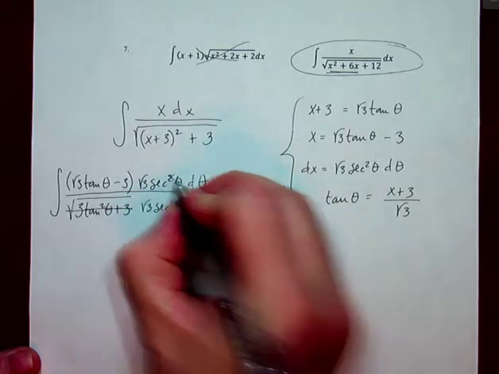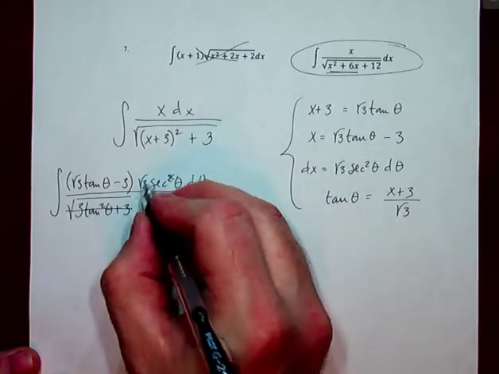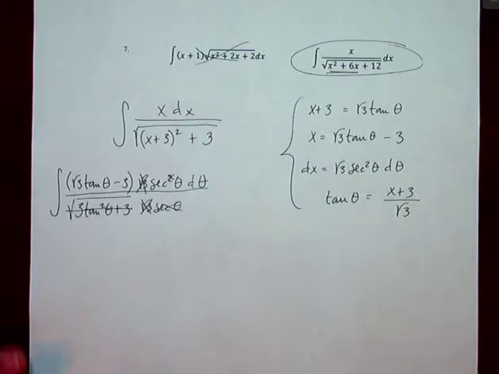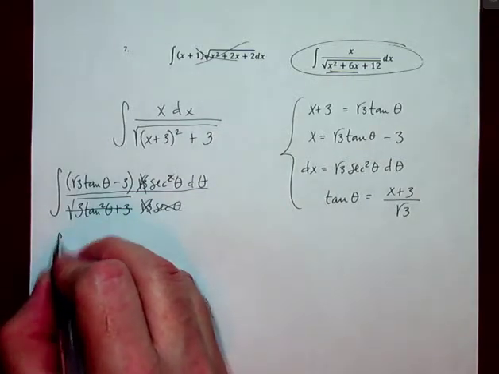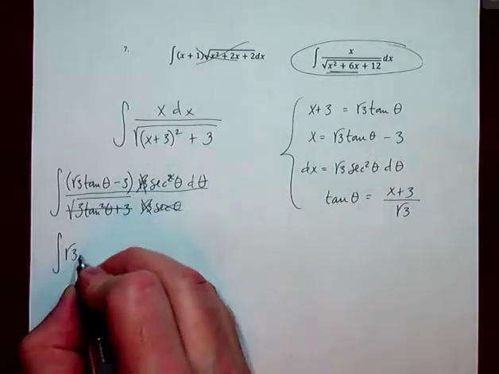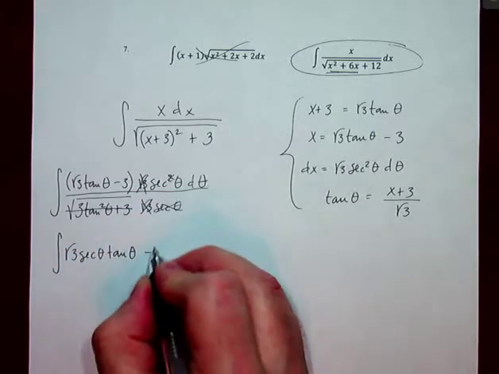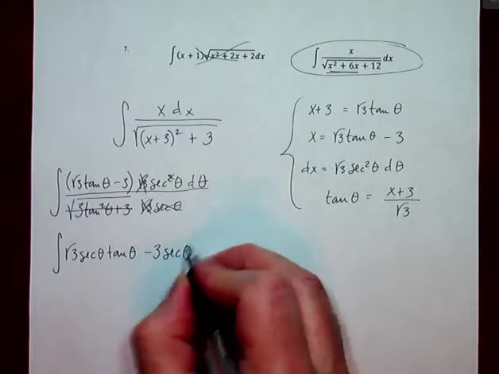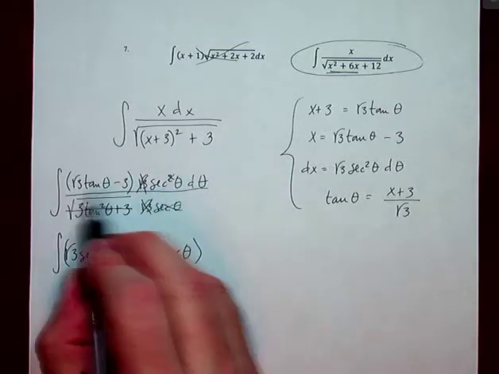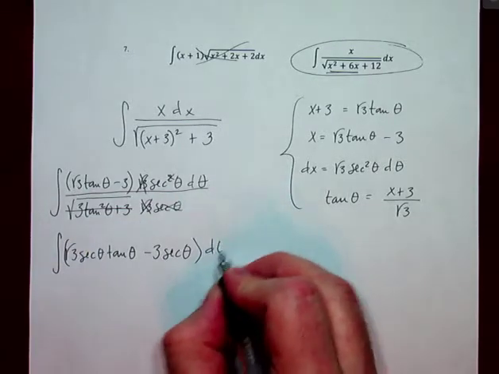Now that secant cancels with one of those in the numerator. That root 3 cancels with that root 3. And what I'm left with is root 3 secant theta tangent theta minus 3 secant theta. And all I did was basically just distribute this secant across this binomial.